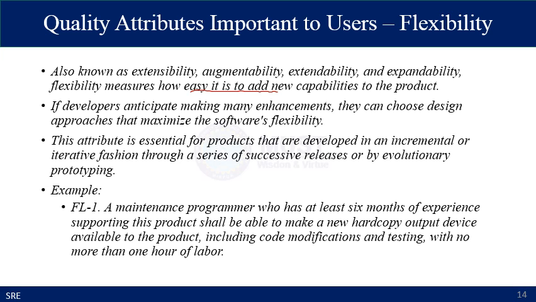If developers anticipate making many enhancements, they can choose designs that maximize the software flexibility. The attribute is essential for products developed in an incremental or iterative fashion through a series of successive releases by evolutionary prototyping.